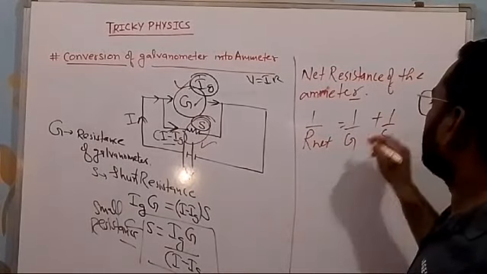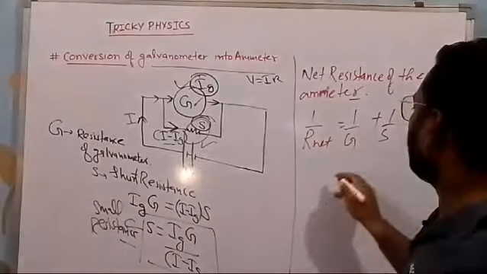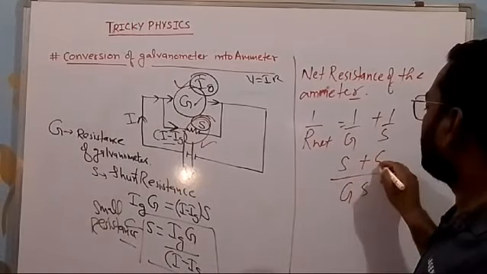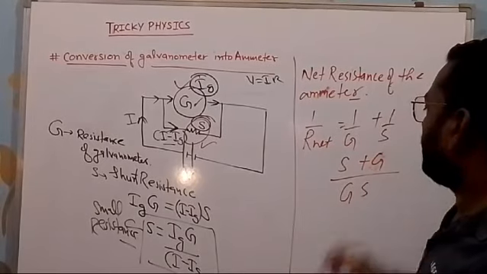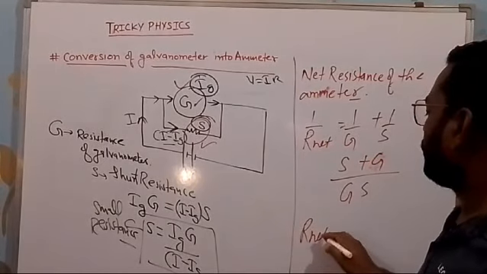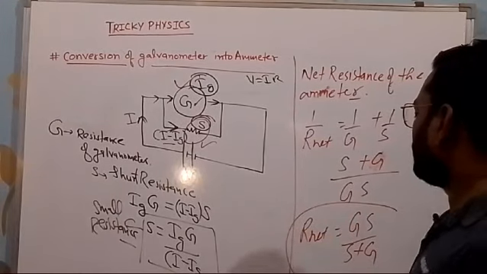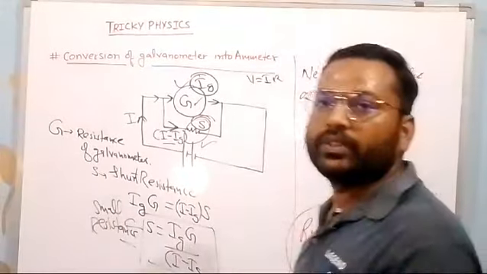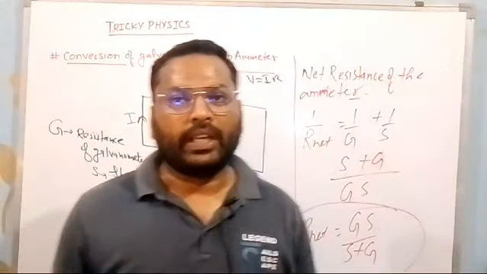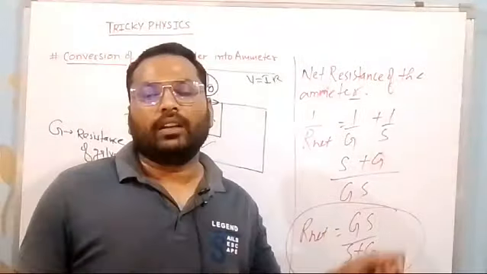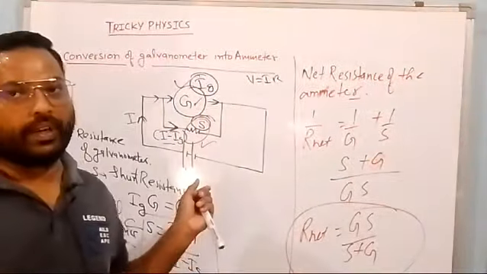After taking the LCM we get GS over S plus G, so R net becomes equal to GS upon S plus G. This is the resistance of the ammeter we have obtained by connecting a shunt resistance in parallel with the galvanometer.